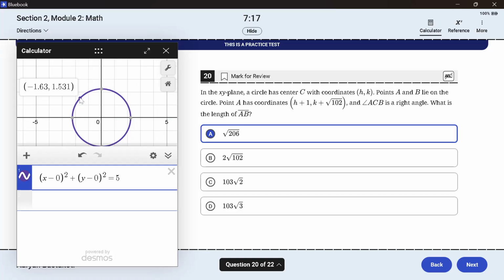You can easily find the distance between the coordinate I'm plotting and 0 using the distance formula, or you could use other methods as well. This would be the radius, and if you know the distance to B will also be the same since it's also the radius, it would be an isosceles right angle triangle, and you can easily find the hypotenuse if you know the base and the height, which are root under 103.